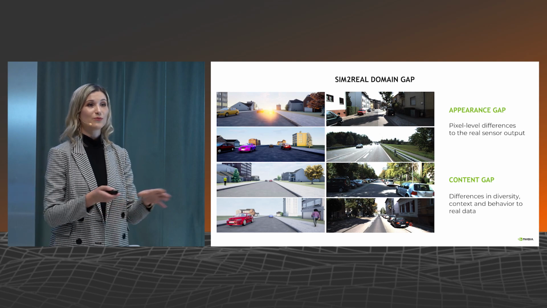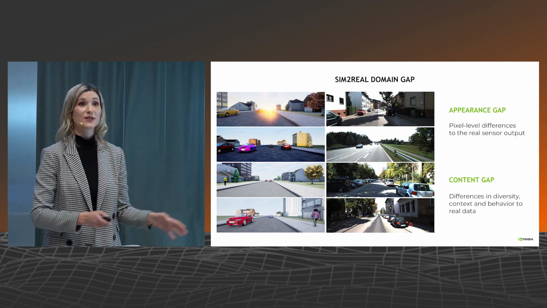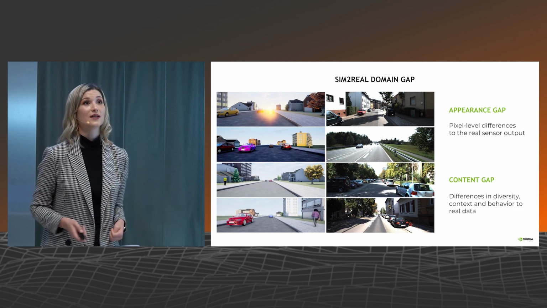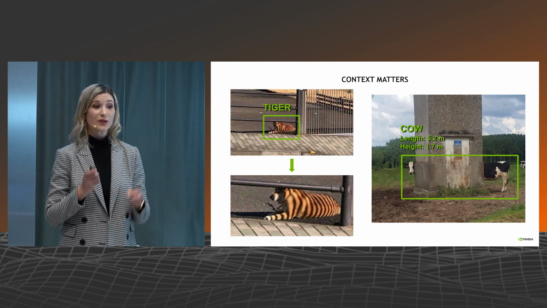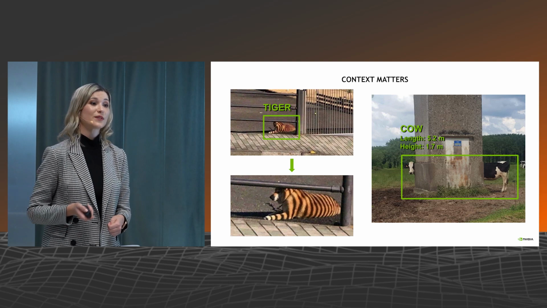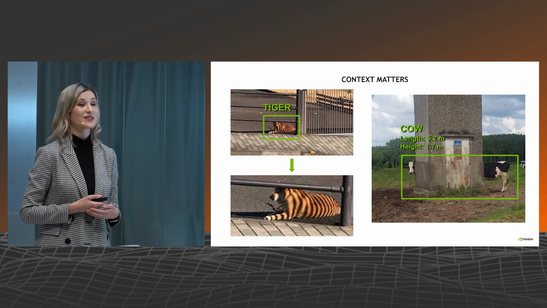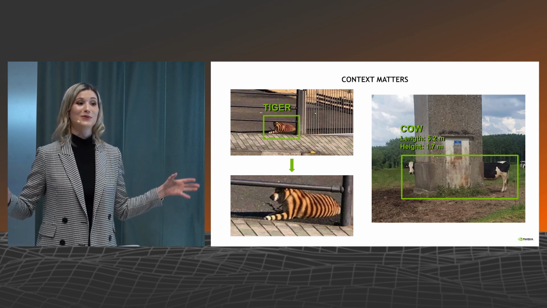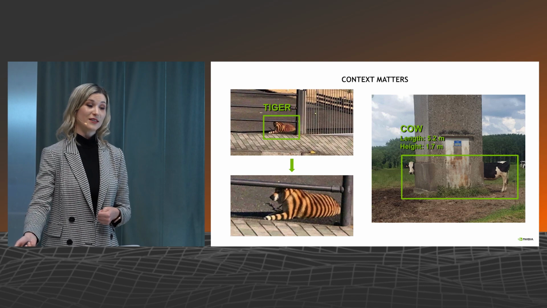So many of you might know this example. So the deep learning network has detected there is a tiger. But then you walk closer and you see this. Oops. The context really matters here. And I don't really have to explain this one. Those of you who've ever been to the countryside know that there is no cow which is so long as this. So context really matters.